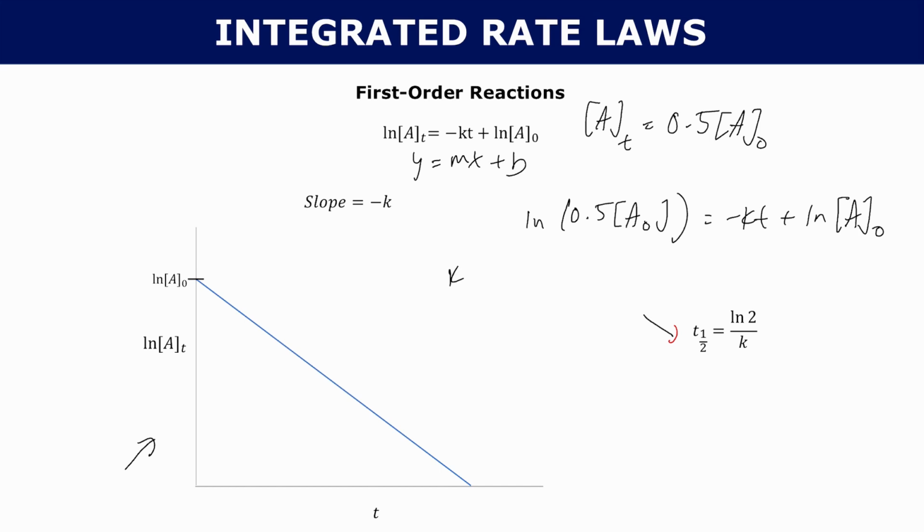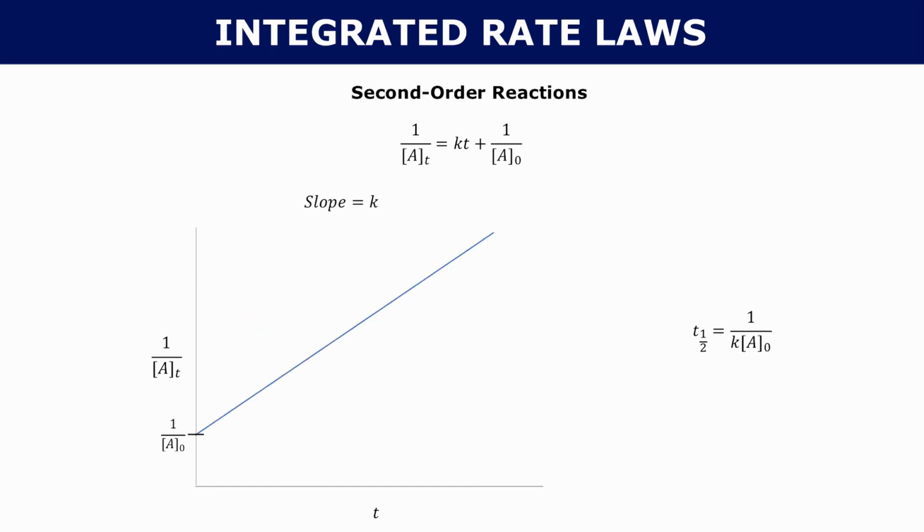So kt is the natural log of 2. You can subtract the natural logs, and then using log properties, you can cancel out the initial concentrations, and you're just left with 2. So your time is the natural log of 2 over k. This is the time at which the concentration at a given time is half of your initial concentration. And that's first order reactions.